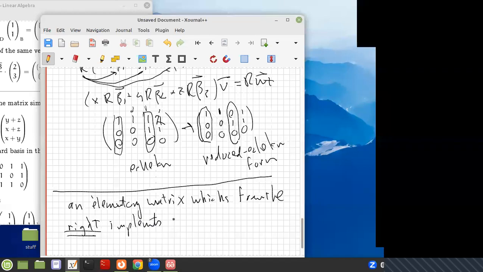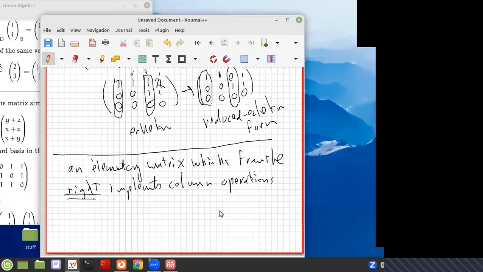Implements column operations. Okay, so here's an elementary matrix that rescales row 2. You know, it does 2, row 2, right?